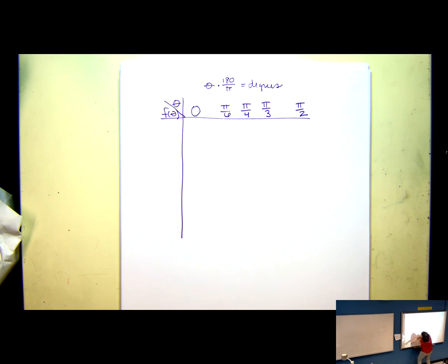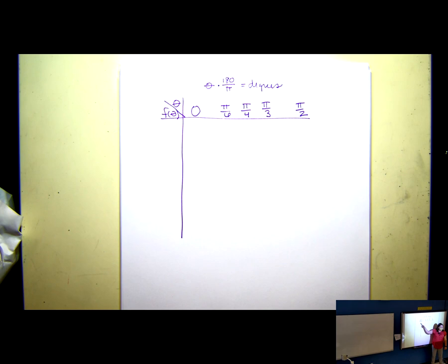Half a rotation is equivalent to pi. Cosine of theta first. If I can remember, cosine is even and starts at its maximum, 1. And then you write down the outputs 1, square root 3 over 2, square root 2 over 2, decreasing to 1/2, decreasing to 0.